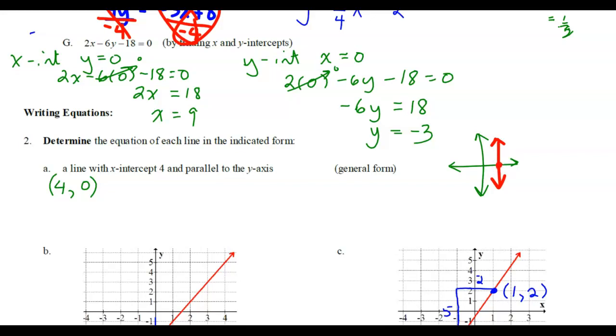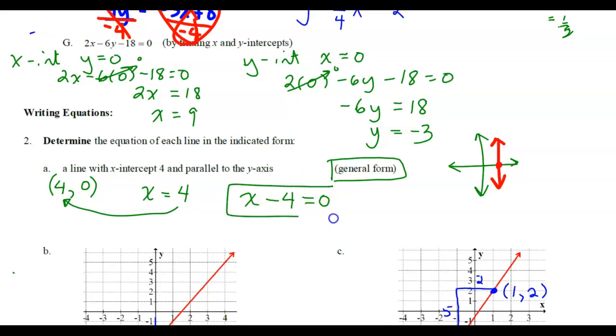Remember, for a vertical line, the equation is x equals the x value. It's always the x value of that point. But this says to put in general form. So general form has all the terms on one side, 0 on the other. So that means I'm going to bring the 4 over to the left, and that's the general form. Not much to it because it's a vertical line.